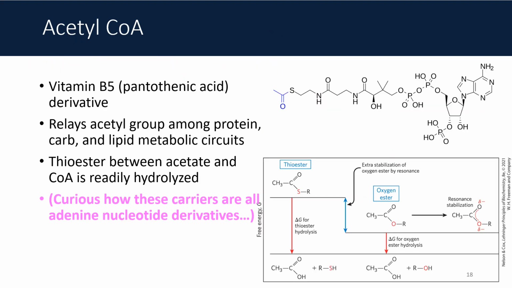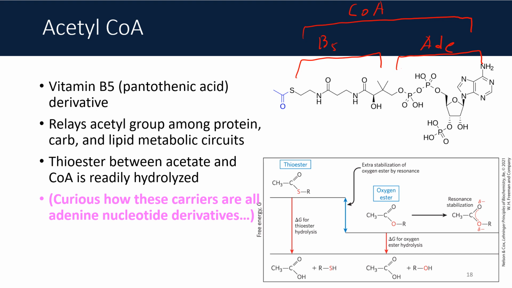And in this slide, I'll now describe how acetyl-CoA works. It is essentially an adenosine moiety conjugated with vitamin B5, also known as pantothenate or pantothenic acid. And this whole group combined together constitutes a coenzyme known as coenzyme A, CoA for short.